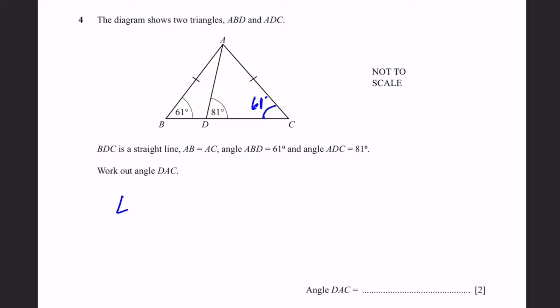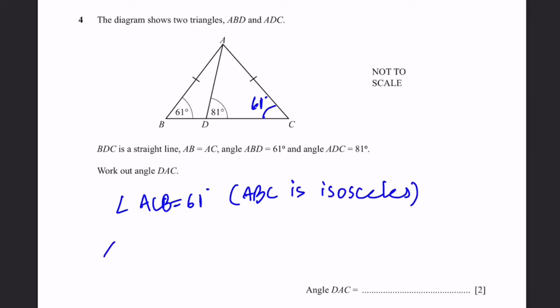So angle ACB is 61 degrees since ABC is isosceles. And then angle DAC is equal to 180 minus 81 minus 61, and that's just going to be 38 degrees. That's our final answer.